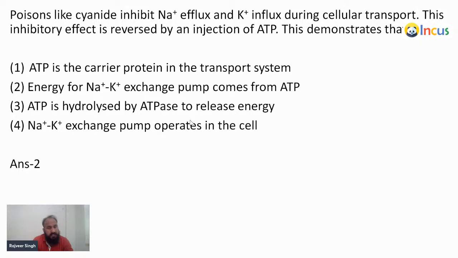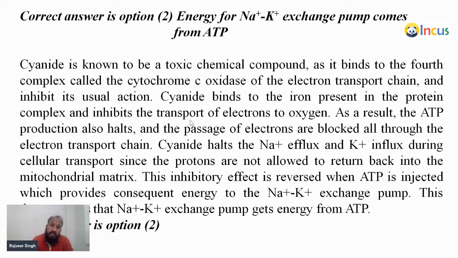Yes, we can say this is absolutely right. ATP is hydrolyzed by ATPase to release energy. Absolutely wrong, because this is a dephosphorylation, not a hydrolysis. The sodium potassium exchange pump operates in the cell. This is also again absolutely wrong. The answer will be second.